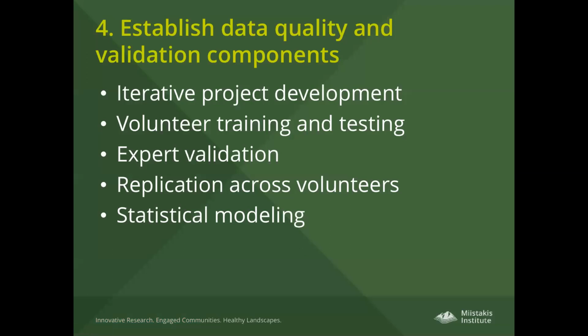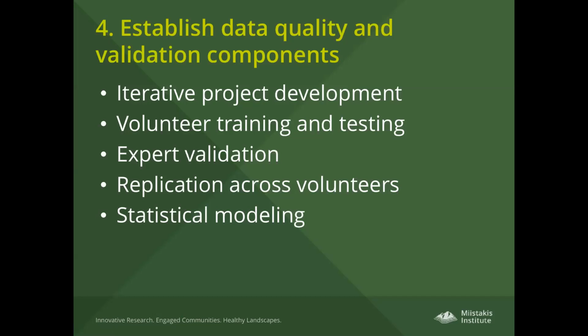Another important lesson we learned is the importance of establishing data quality and validation into your actual program design. Citizen science projects have huge potential to advance scientific knowledge, influence policy, and engage people, but the data has to be really sound.